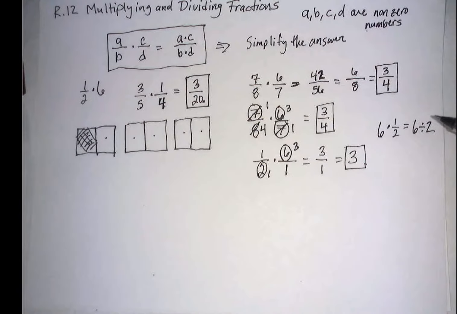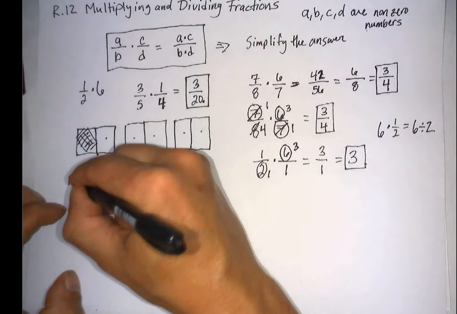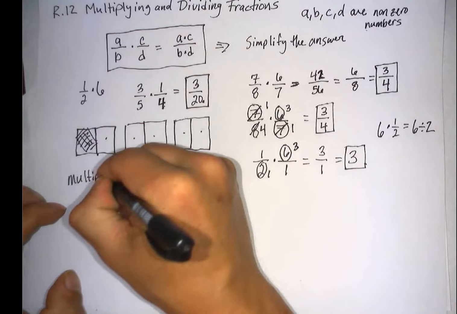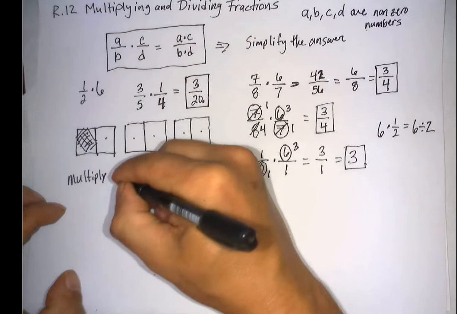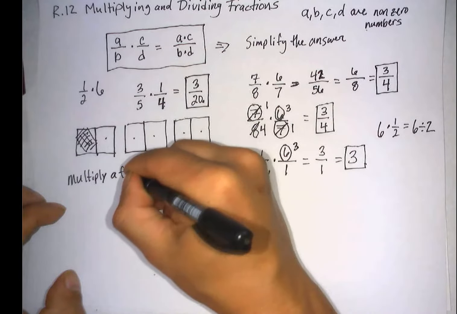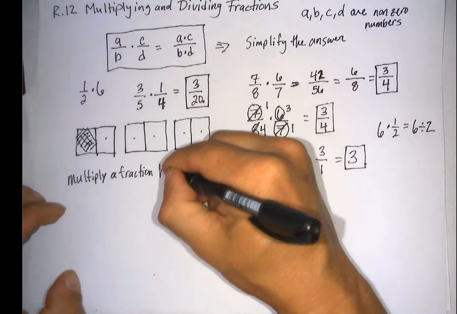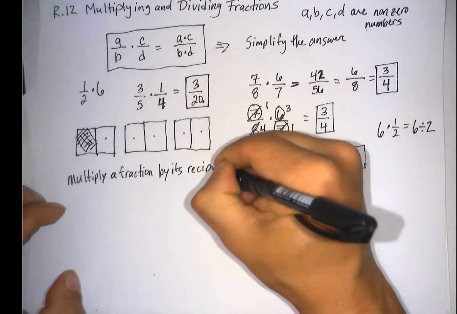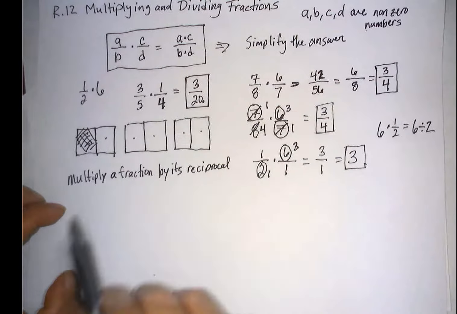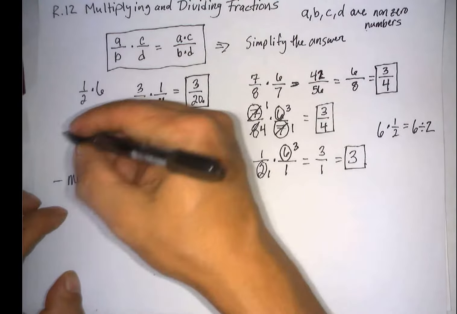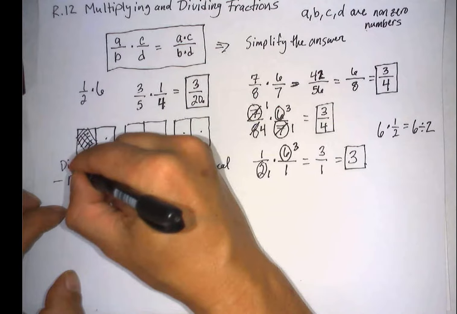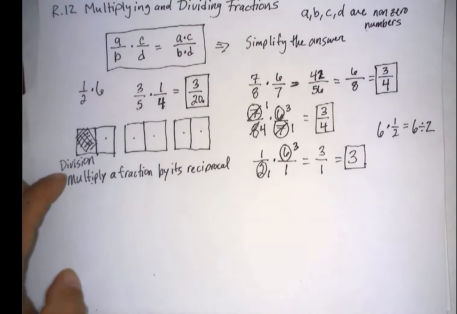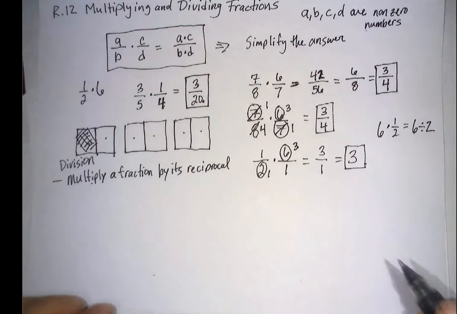And that is because when we multiply a fraction by its reciprocal, that is the definition of division. So to divide by a fraction, you multiply by its reciprocal.